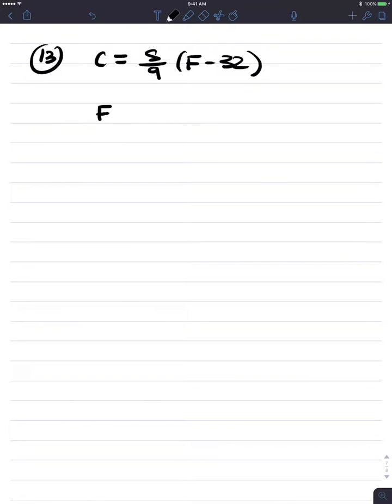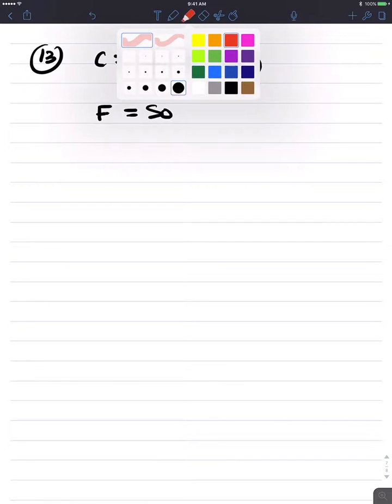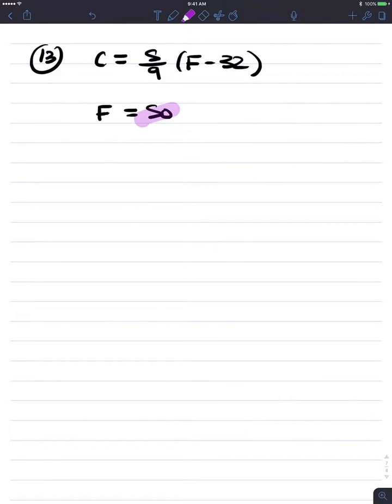In this problem, Fahrenheit measures 50 degrees. So I'm going to replace the 50 for Fahrenheit into the F. We end up getting Celsius is 5/9, 50 minus 32.